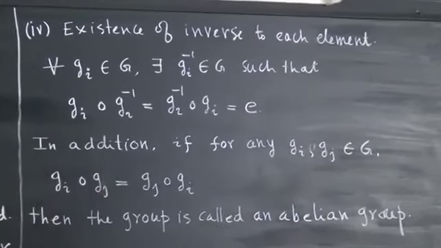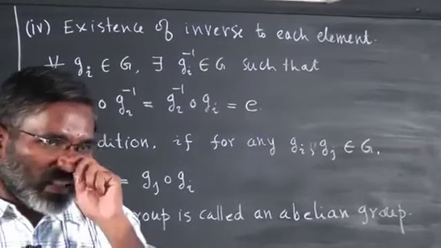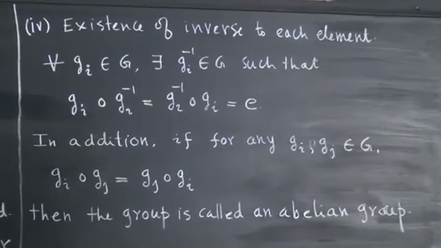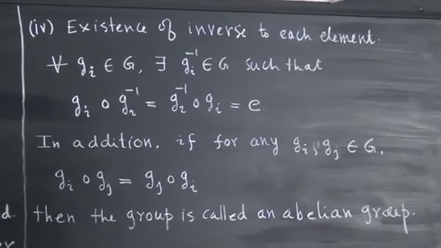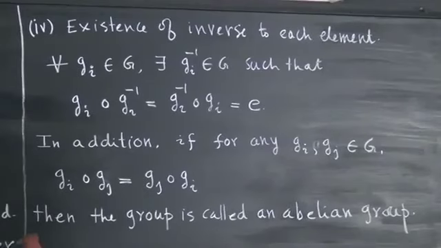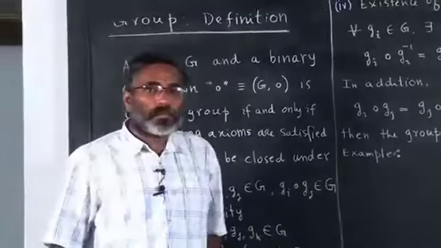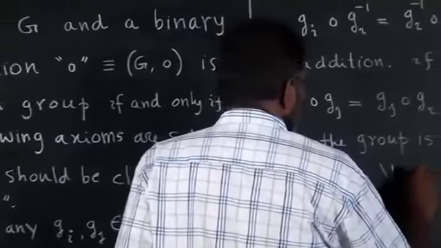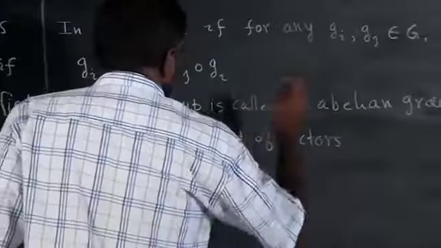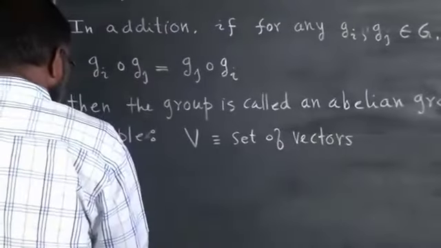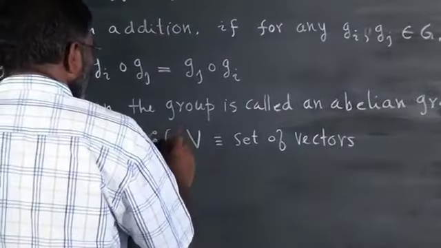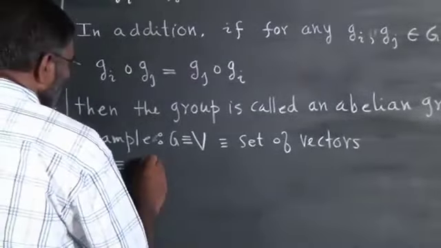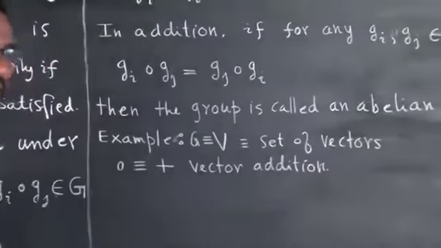These are almost like linear vectors. Yes, we have discussed this; we have defined this in the linear vector space. If I have to give an example, take any set of vectors. If you define V as a set of vectors, this G I will call V, and this binary composition I will call vector addition.